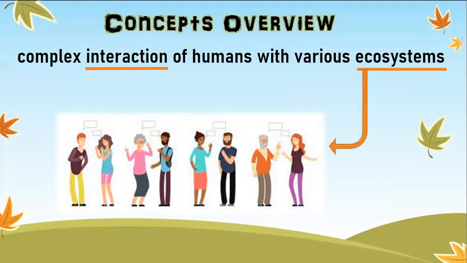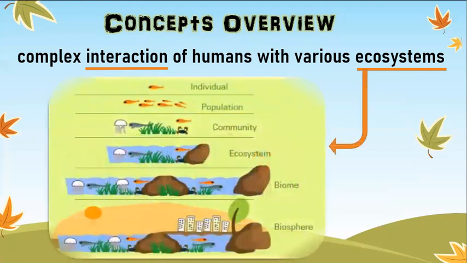For the concept ecosystems, this picture depicts the variations of composition and possible interactions beyond the individual. With others, there is population. With the population and the environment is the community.